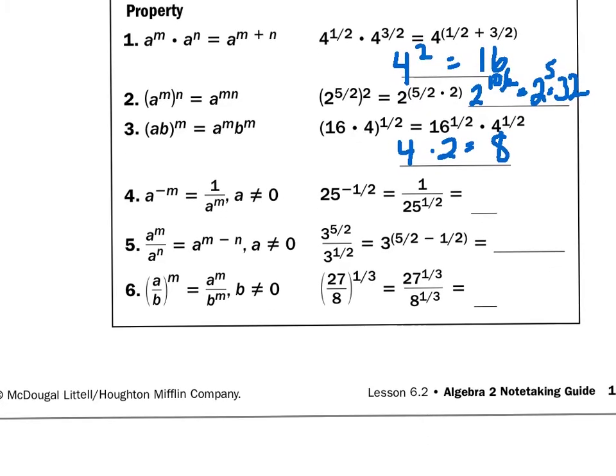So that's 1 over 25 to the 1/2, which would be 1 over 5. We know division means to subtract, so 5/2 minus 1/2 is 3 to the 4/2, or 2, which would be 9. And then 27 over 8 to the 1/3, we can pull that in and say that the cubic root of 27 is 3. Cubic root of 8 is 2.